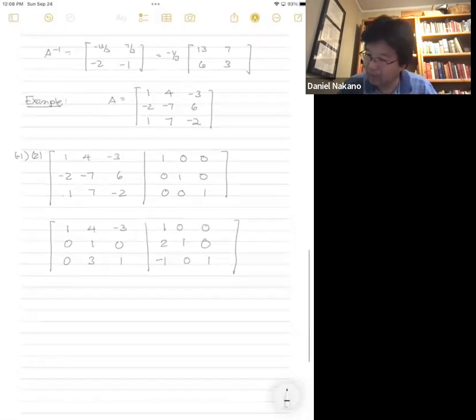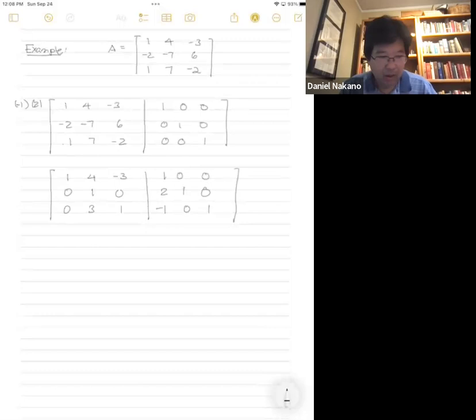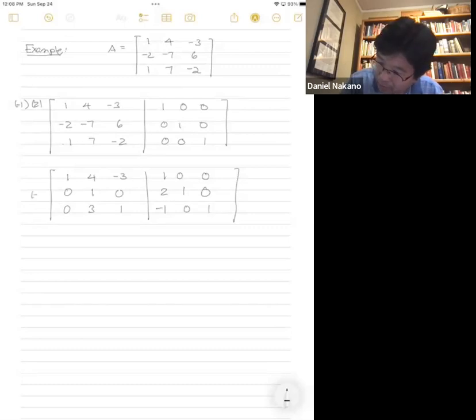Okay, good. All right, so the next thing is to get rid of the 3 down here. So I'm going to multiply the second row by -3 and use that 1 as a pivot. So 1, 4, -3, 1, 0, 0, 0, 1, 0, 2, 1, 0 still.